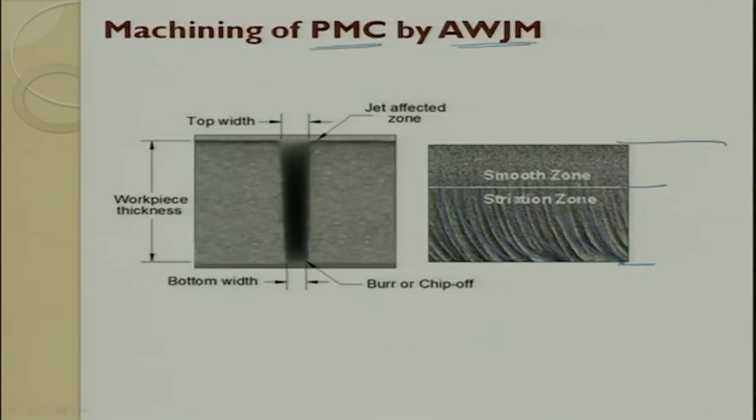Depending upon the thickness of the workpiece, the proportion of striated zone and smooth zone varies, and you try to get a good cut. We optimize this by choosing proper parameters. The proper parameters can be the water pressure or abrasive jet pressure, then the feed rate at which the nozzle moves. These are the two important parameters on top of the abrasive size.